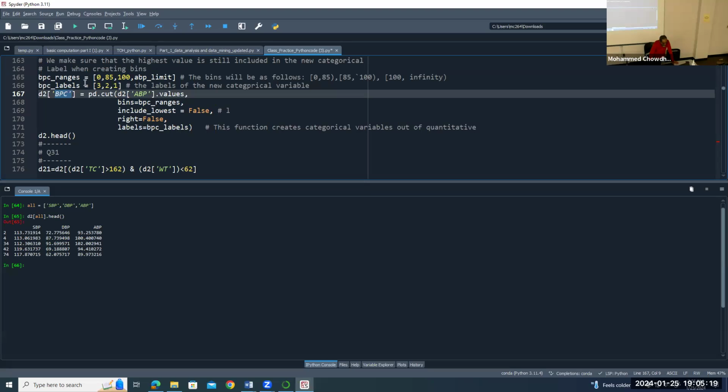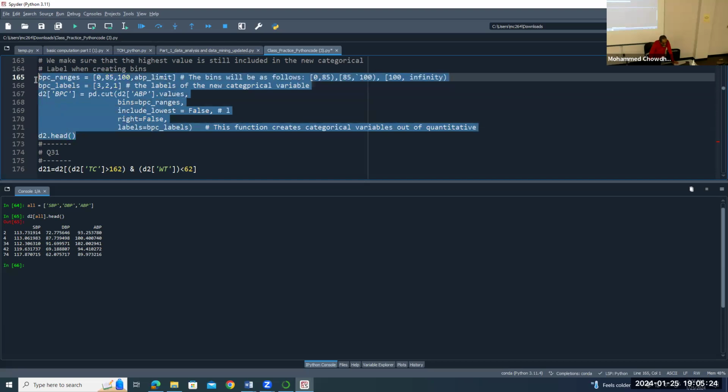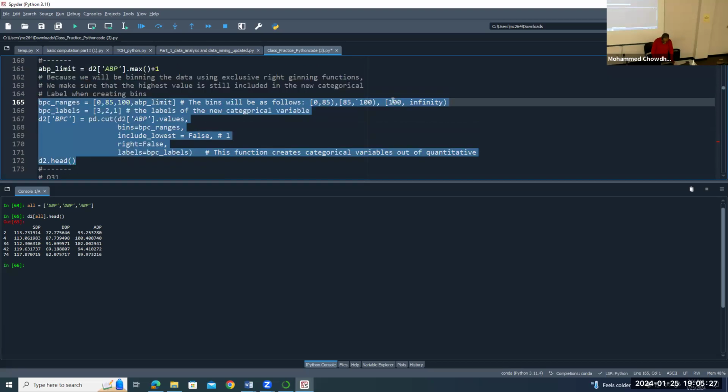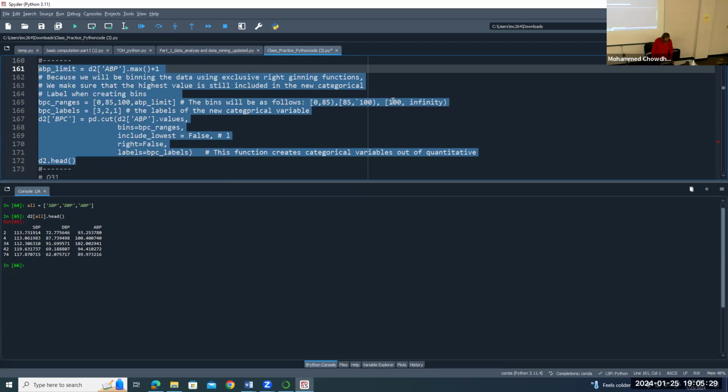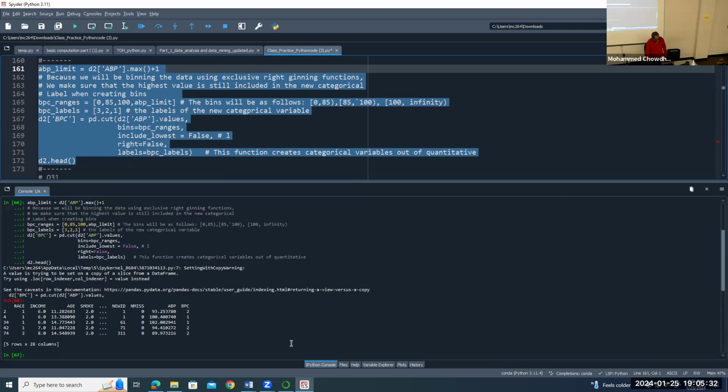That way, the ABP value will be transferred to the blood pressure category variable. Now take a look. Are you seeing 2? 85 to 99, then 2. 100 and above equal to 1. So this is the way any continuous variable can be transferred to a categorical variable. Clear?